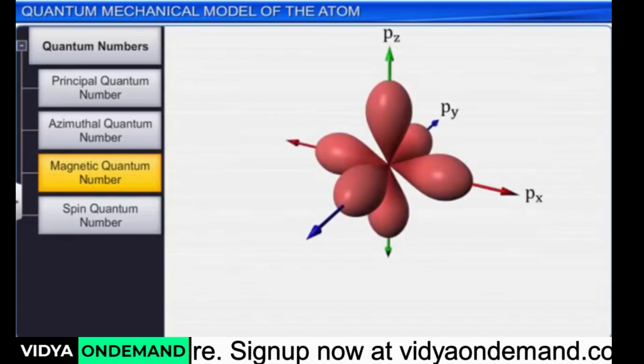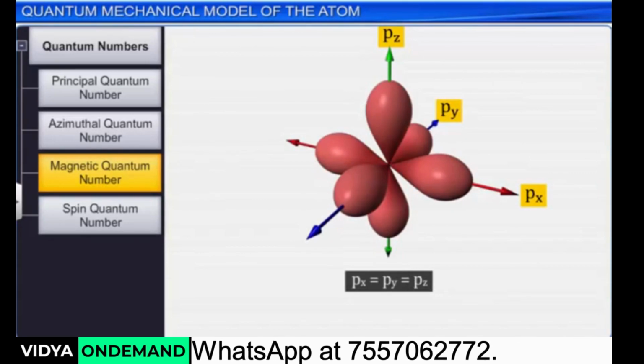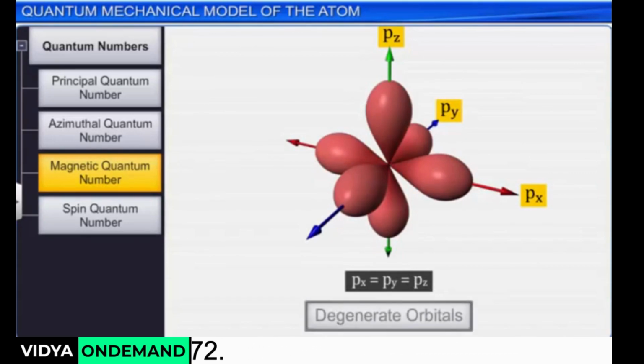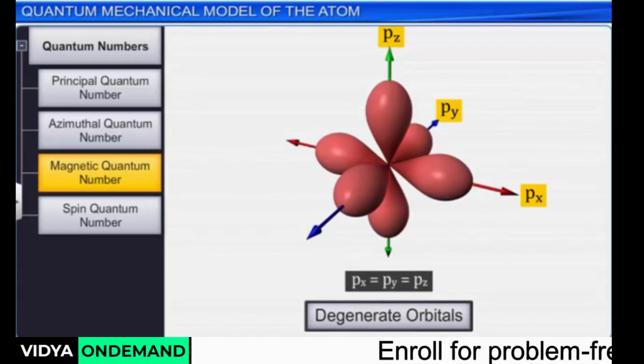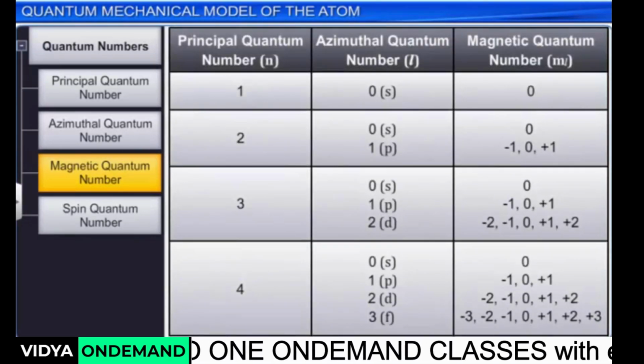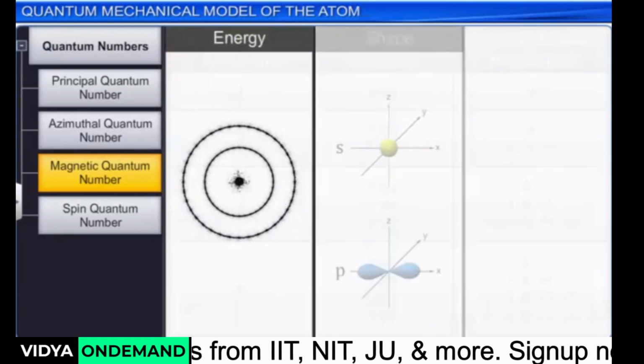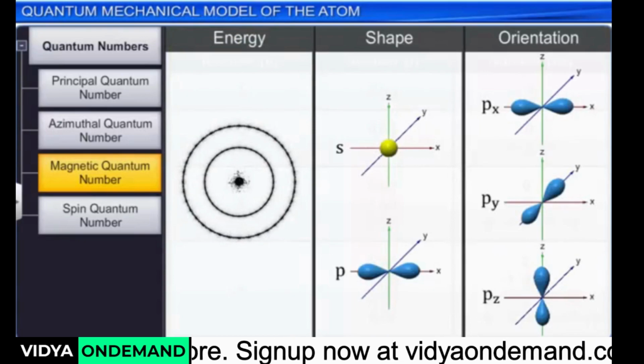Note that all orbitals belonging to a subshell have the same energies and therefore are called degenerate orbitals. Thus, the 3 quantum numbers can very well define the energy, shape and orientation of atomic orbitals.